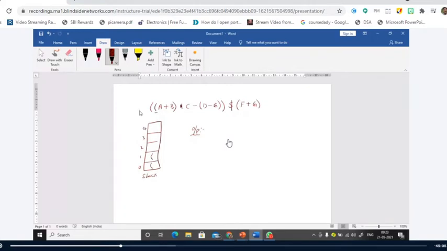What is the next token? A. What do you have to do? Print A. We have to place A in the output. Super, right? What about the next token? Plus. So when it is plus, it is an operator. You have to check whether the stack is empty or not. If the stack is empty, then you have to push it.